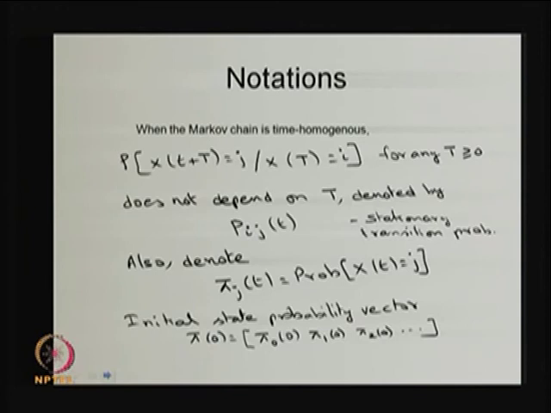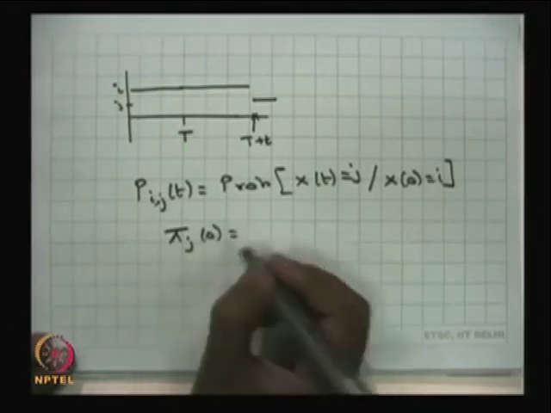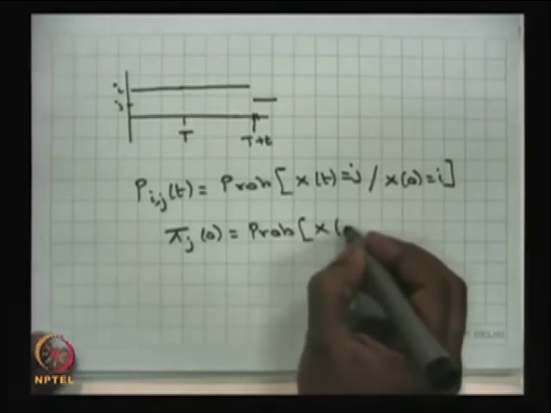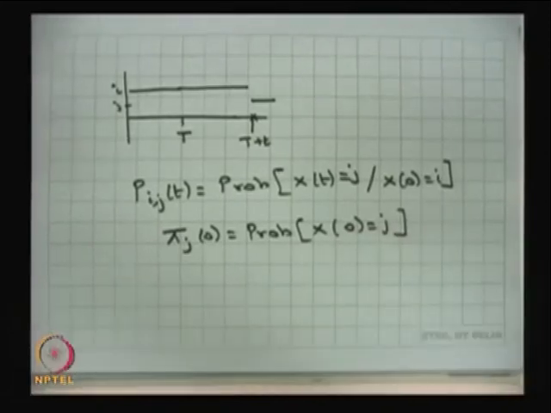I need another notation for the initial state probability vector also, that is pi naught. Pi naught is a vector which consists of entities. What is the probability that the system was in the state 0 at time 0? Therefore, I can write it as pi j of 0, that is nothing but the probability that the system was in state j at time 0. So, this is the meaning of pi j of 0.